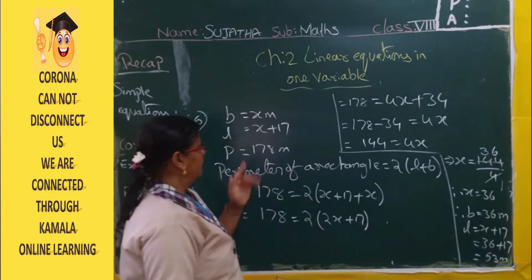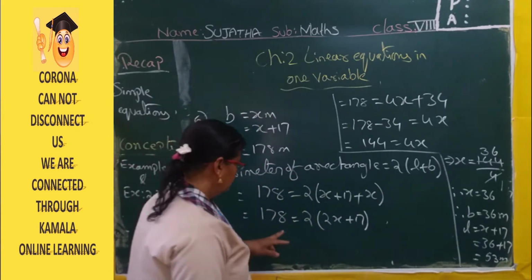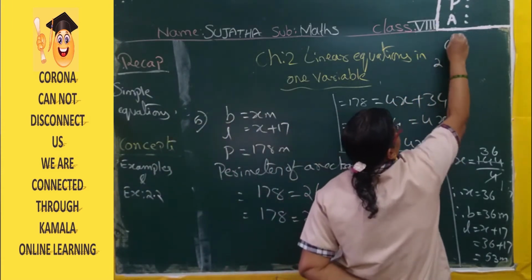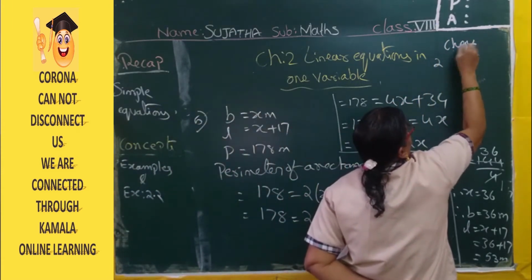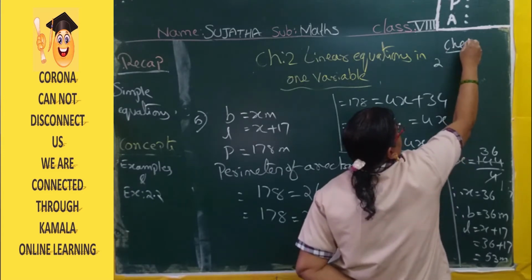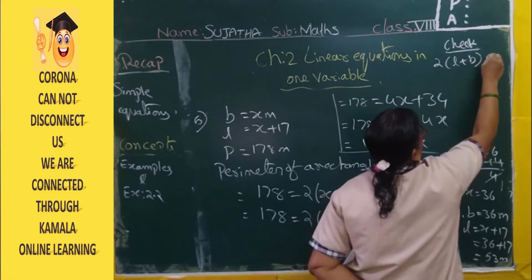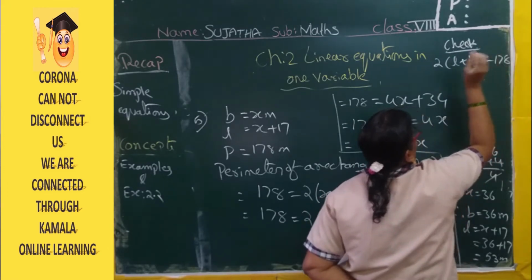Now, check. Are you getting the perimeter as 178 or not? What is that? 2 of L plus B, no? L plus B, how much do you have to get? 178 you have to get.